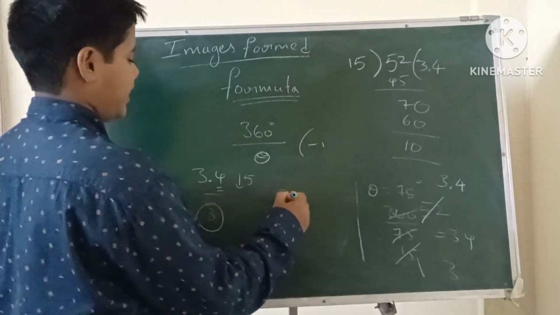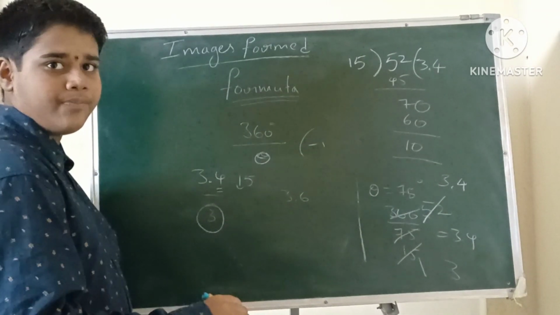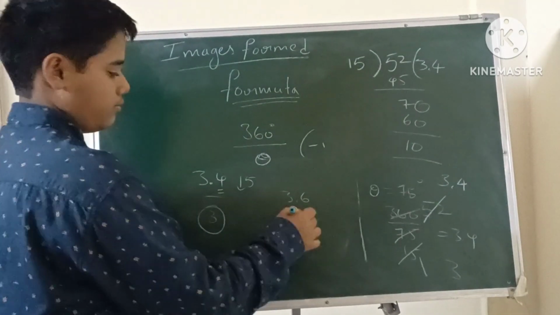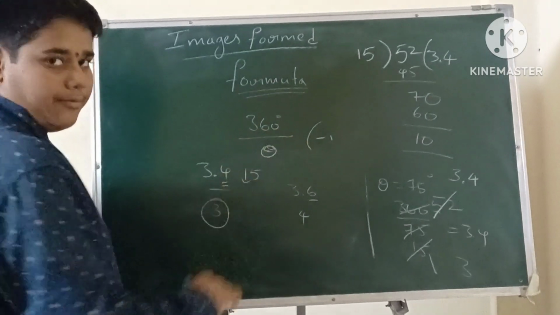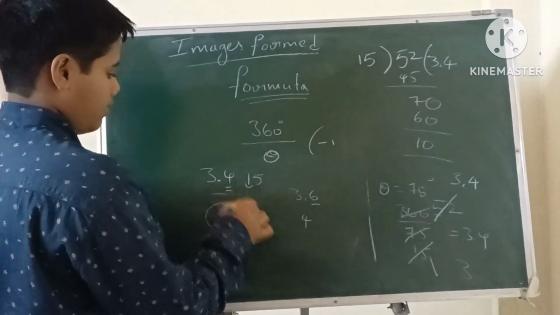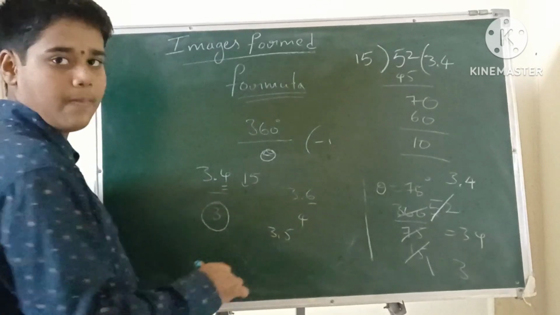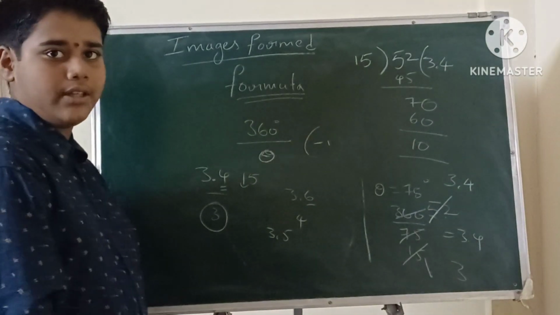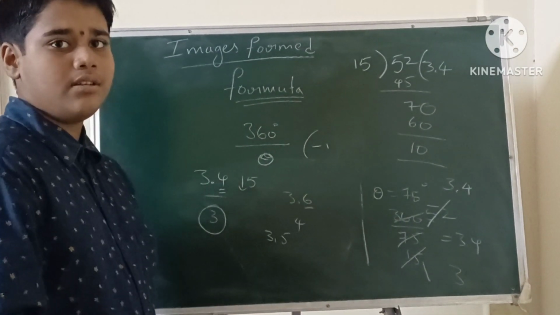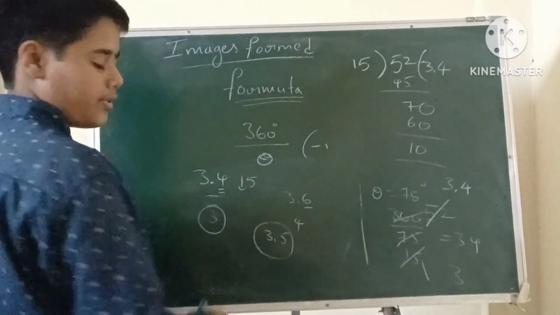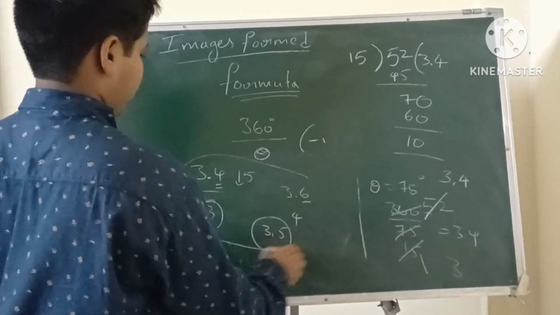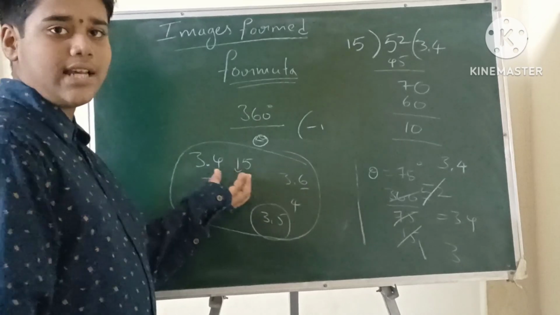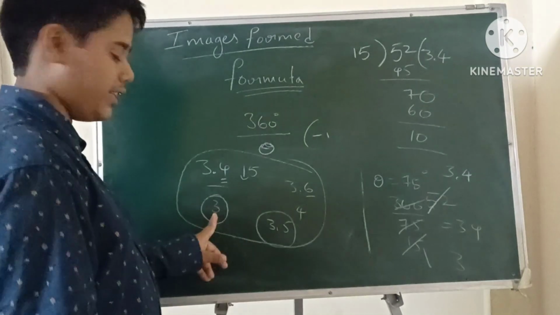When this value is 3.6 or 3.7, we have to take 4, because this value is above 5. When it is 3.5, we have to take 3.5 only, as half of an image is formed. So this is the rule. When this value is less than 5, we take 3.